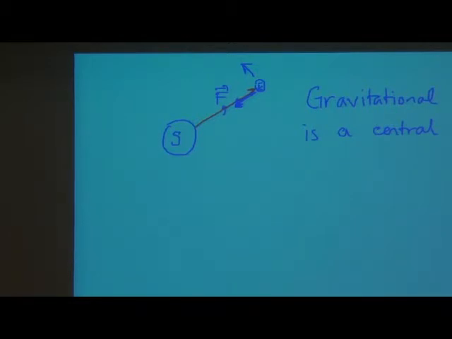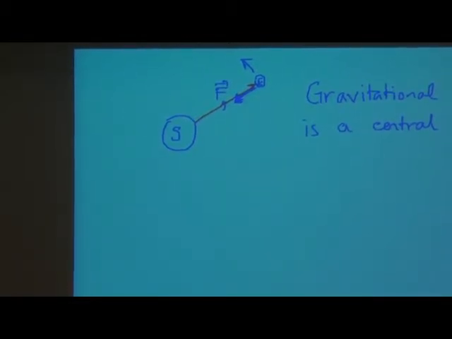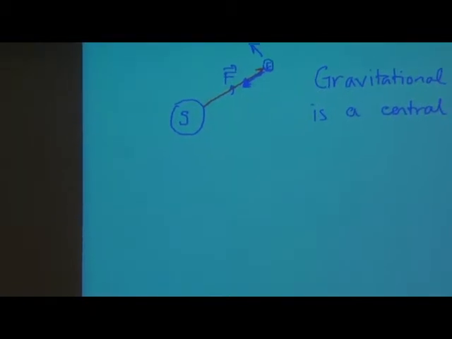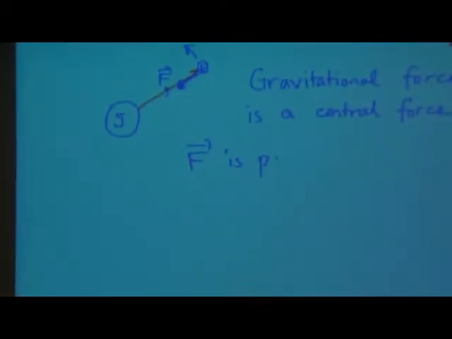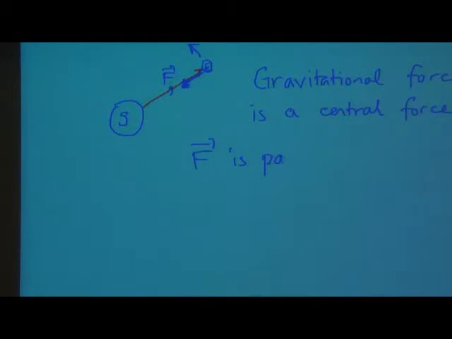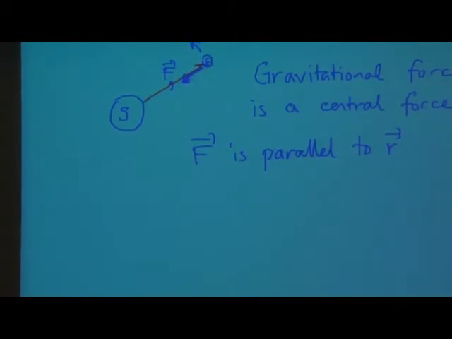Therefore, in the case of a gravitational force, the force and the position vector are parallel. So what does this imply? If the two are parallel, what's the outcome?